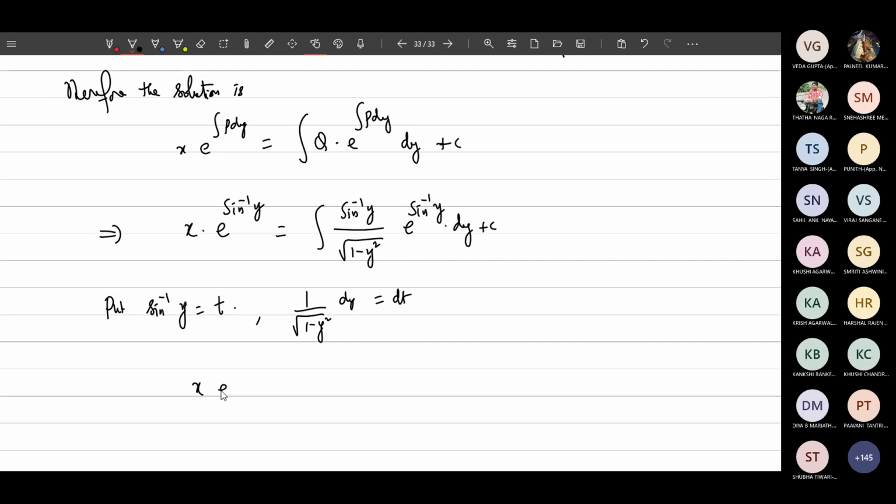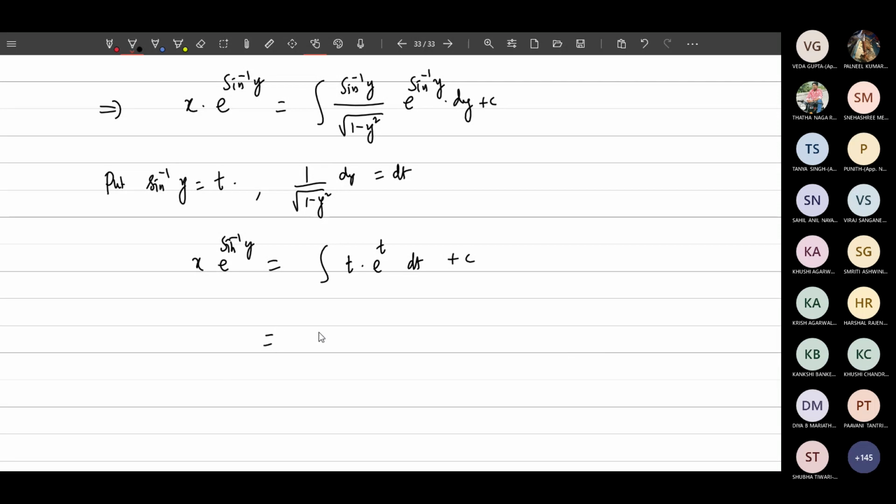Therefore x e power sin inverse y equal to integral of t e power t dt, because sin inverse y is t and 1 by under root 1 minus y square dy is dt, plus constant of integration.